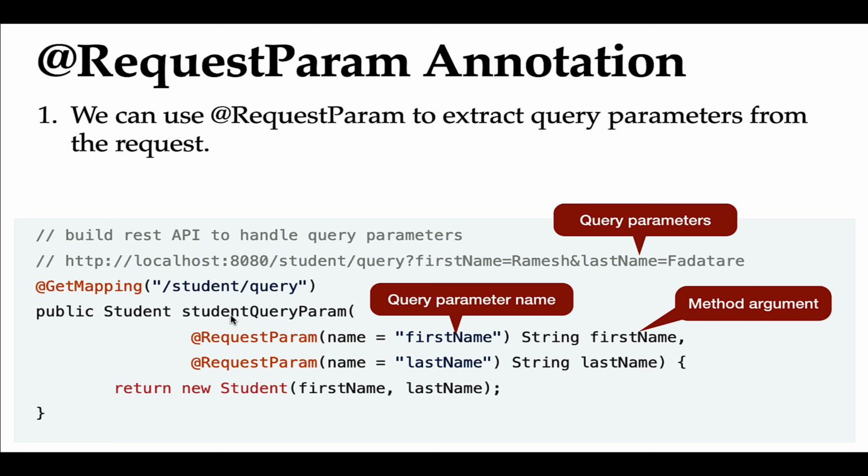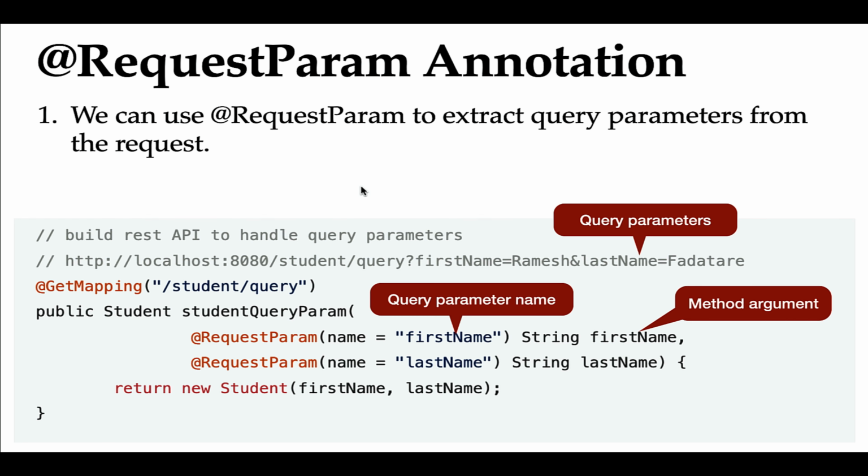For example, here we use the @RequestParam annotation, and then we pass the query parameter name, that is firstName, and the @RequestParam annotation will bind the value of this query parameter to this firstName method argument. Here also we are using the @RequestParam annotation to bind the query parameter value to this lastName method argument. So this is how we use the @RequestParam annotation to extract the query parameters from the request.